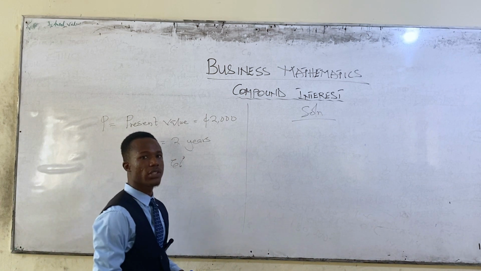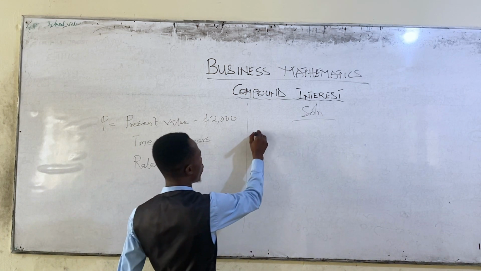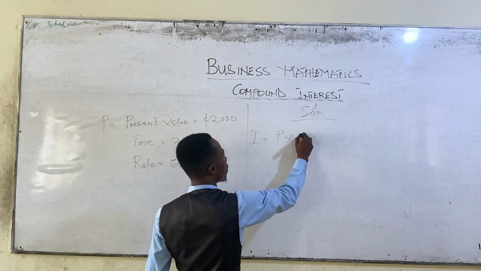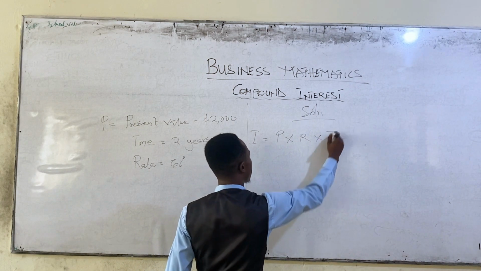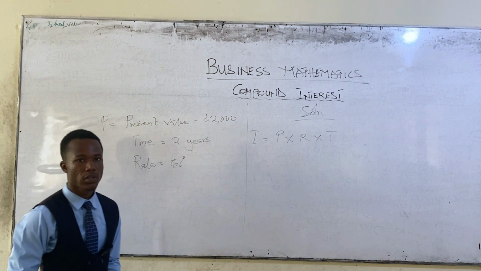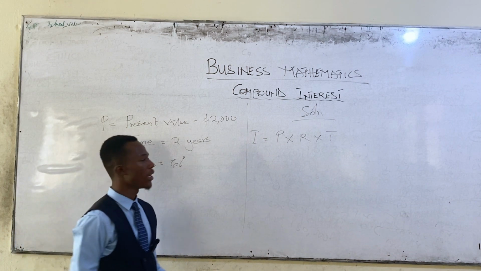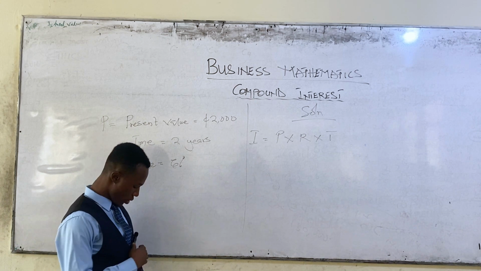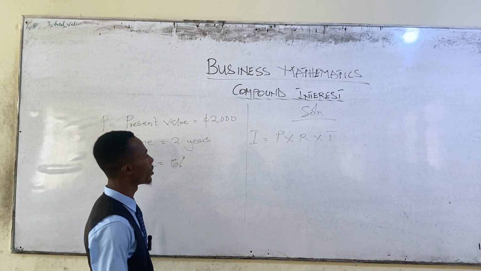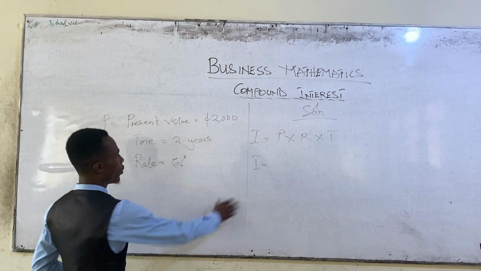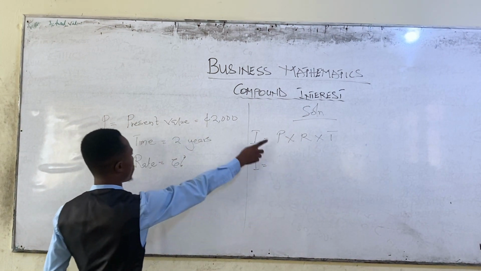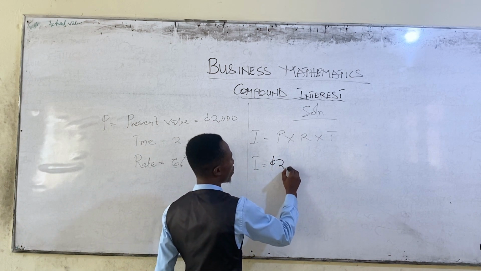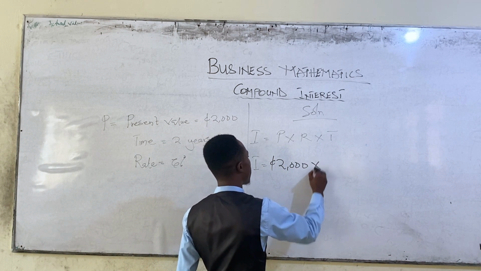What is the formula for calculating the interest? We know interest is equal to principal times rate times time. We have the principal to be 2,000, so we say 2,000 multiplying the rate.